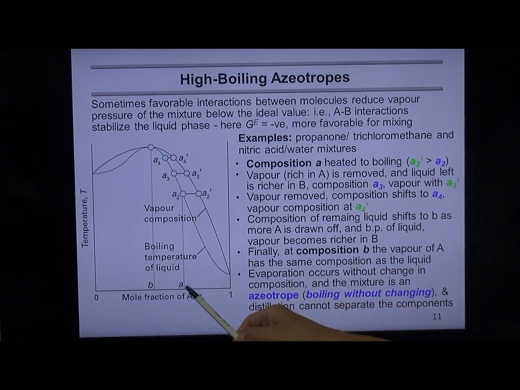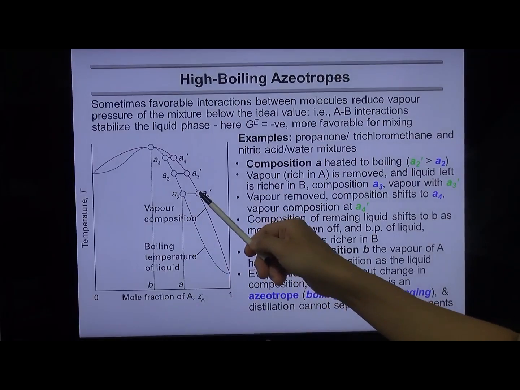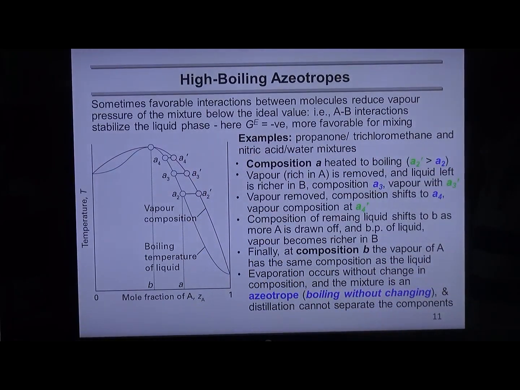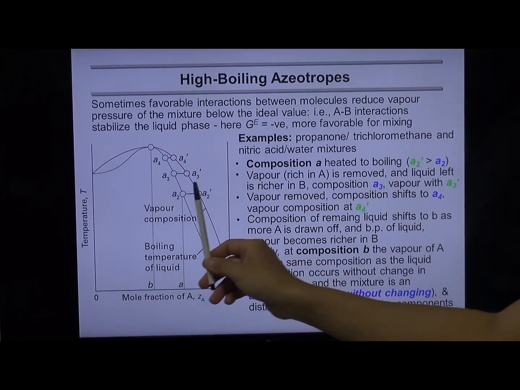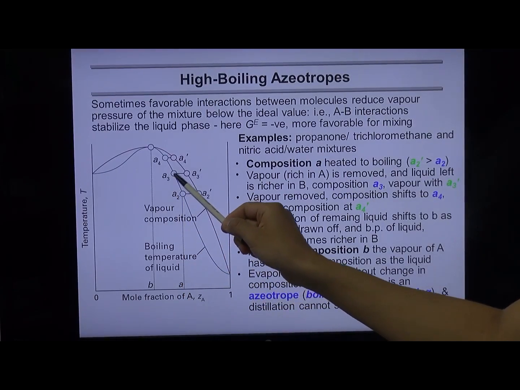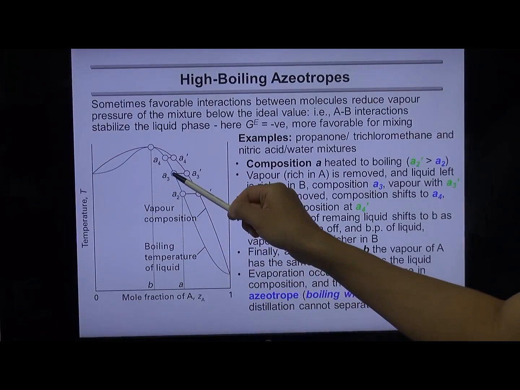When you start here, it starts to boil here. You totally remove the vapor from the system. Then the remaining liquid would be richer in B, right? It would shift to the left, somewhere like this, such as A3. And you boil it again.